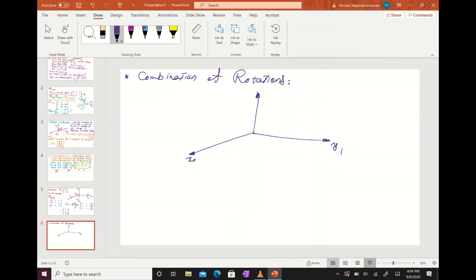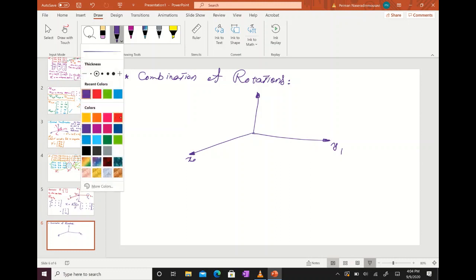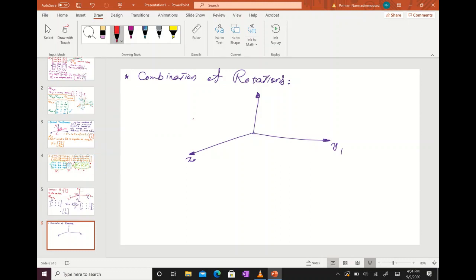And you are having two rotations. One of them is this, guys. One of them is this rotation.